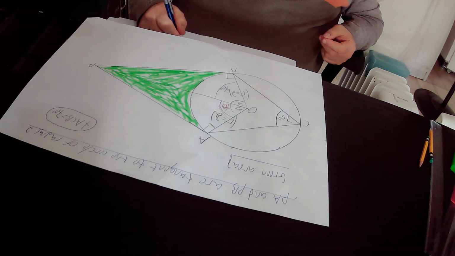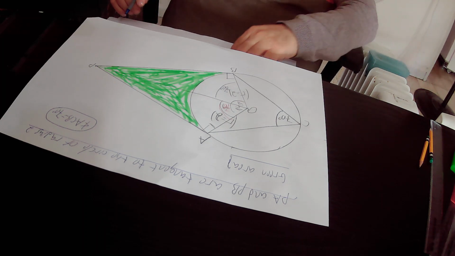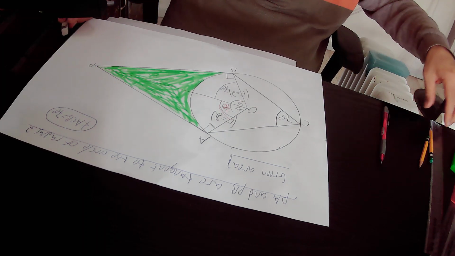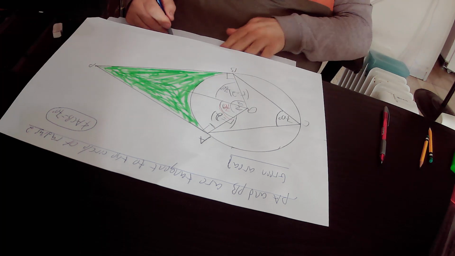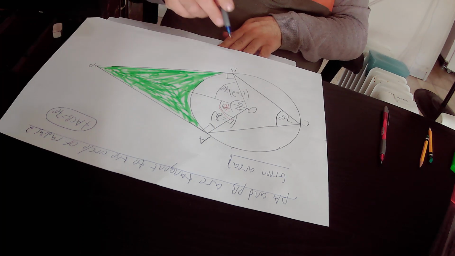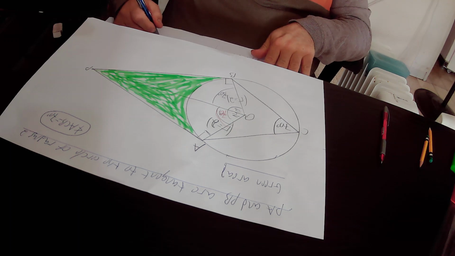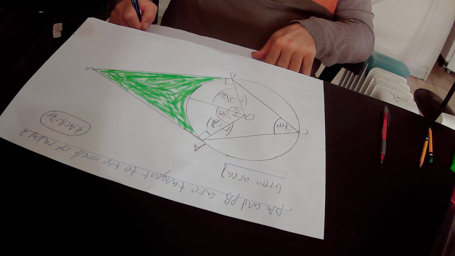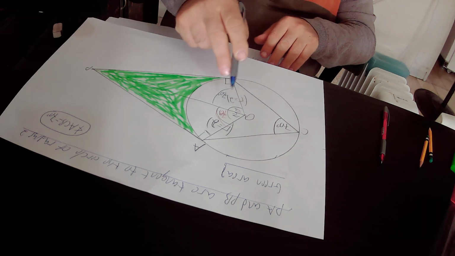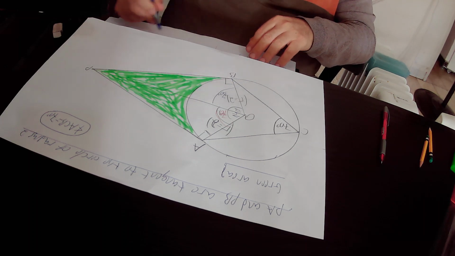In the right upper triangle AOP, tangent 70 degrees is equal to AP over AO.